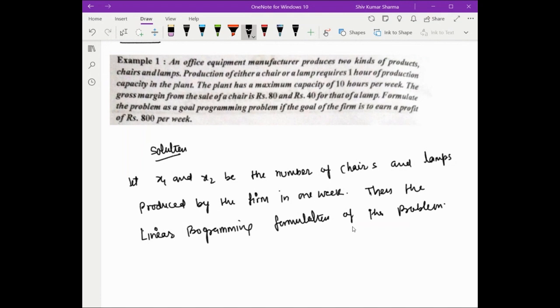First we find the gross margin, that means the total profit. The gross margin of the sale of a chair is 80 rupees and of a lamp 40 rupees. So we write maximize Z equal to 80x1 plus 40x2, subject to constraints.